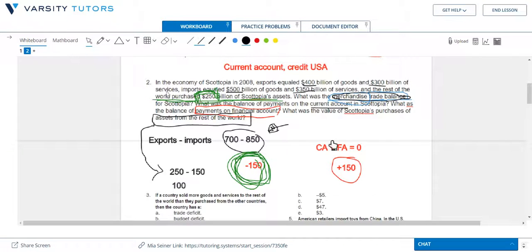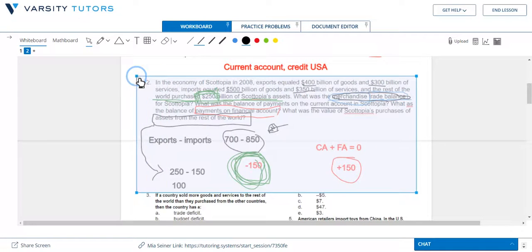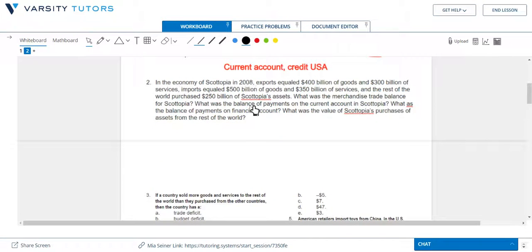So let's see if we can tell that story without looking at any of the math. All right, it's obvious 400 plus 300 is 700, 500 plus 350 is 850. So when we ask, what is the merchandise trade balance? And when we ask, what is the balance of payments for the current account? All we're talking about is exports minus imports.